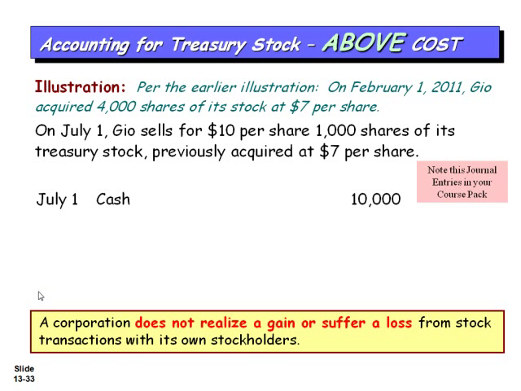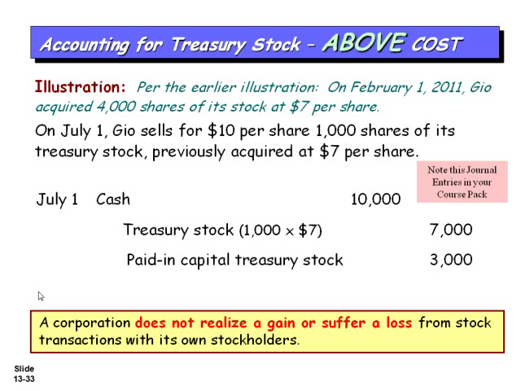So the first thing we do is recognize the cash coming in, debit cash for $10,000, and we reduce the treasury stock at the value that we purchased it at, and the balance goes into a new account, paid in capital treasury stock. This means we sold the treasury stock for more than we purchased it. We do not recognize a gain or a loss from stock transactions with its own stockholders. So this is treated almost like a first-time sell of stock.